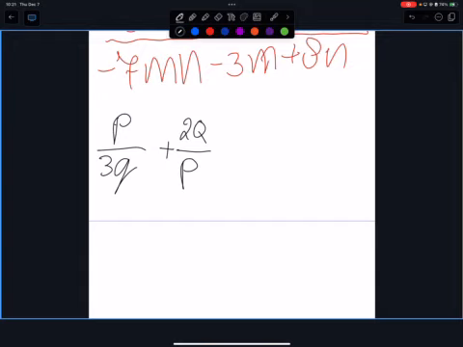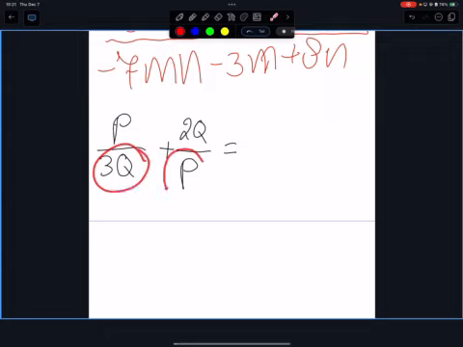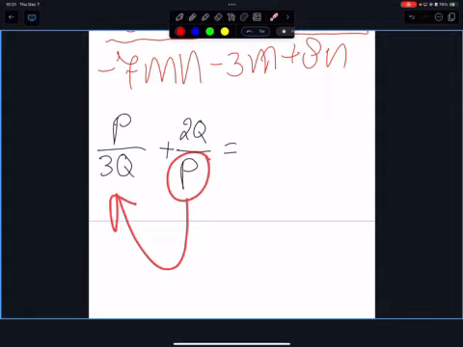The way I look at this is the same way I look at 1 divided by 5 plus 1 divided by 7. I look at it the same way. Correct, you have to make it the same. What do I need to do to make these two denominators the same? I multiply 3q with what? P. And you multiply P with 3q.